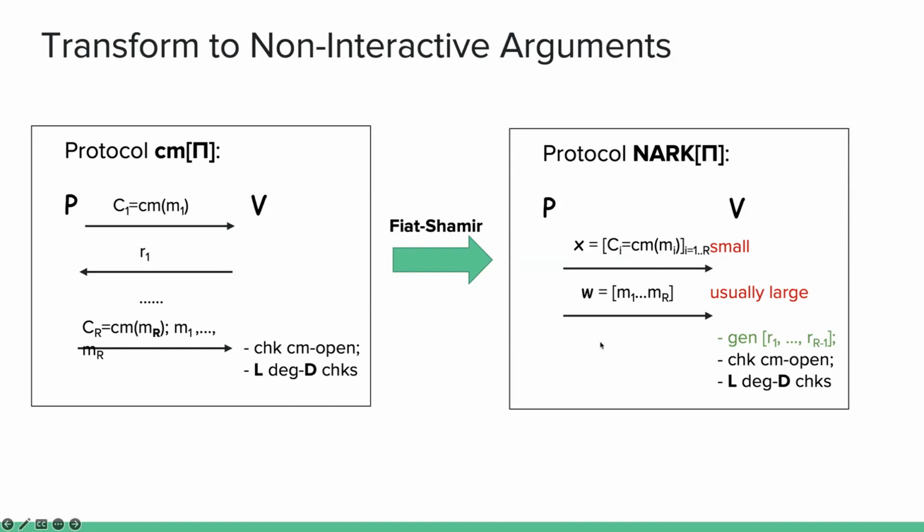So now you can see we have finally transformed it into a non-interactive argument for the same relation R. The NARK proof, or the NARK transcript, consists of two parts. The first part is small, only consisting of some commitments and possibly some challenges. And the second part is the original prover messages in the interactive protocol, which might be large. We call it W, the proof witness.